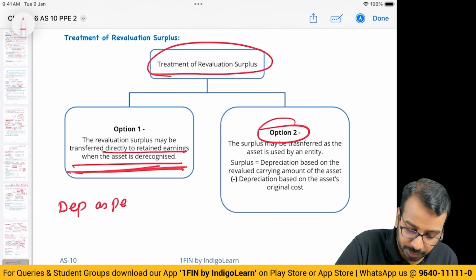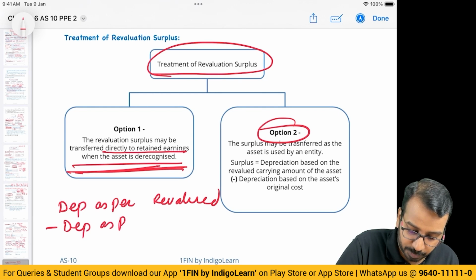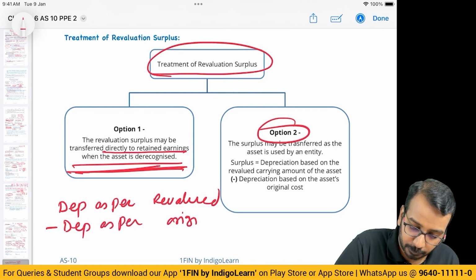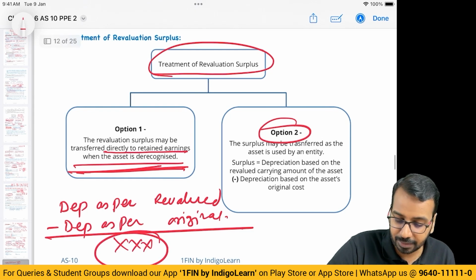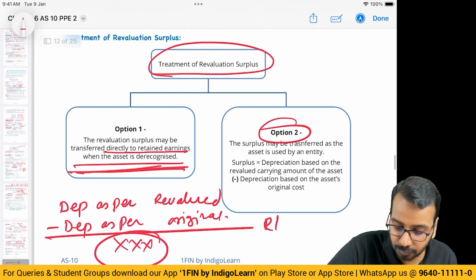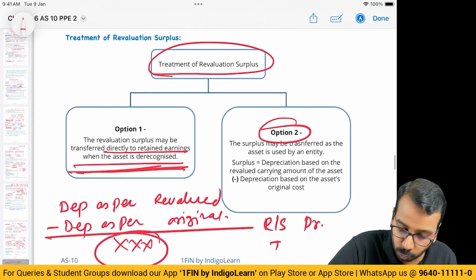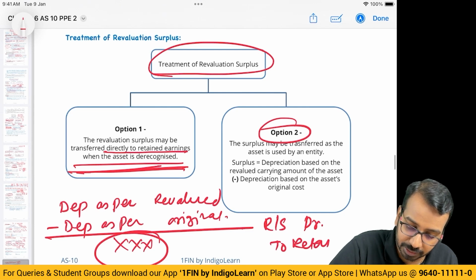depreciation as per revalued amount minus depreciation as per original amount. Whatever is the difference, every year you can transfer from revaluation surplus to retained earnings.